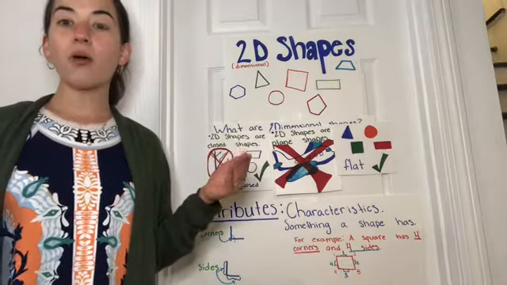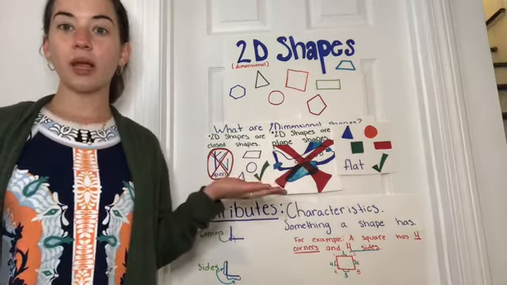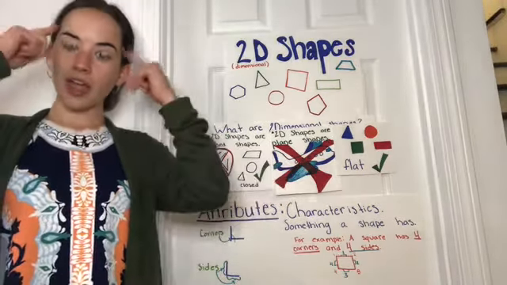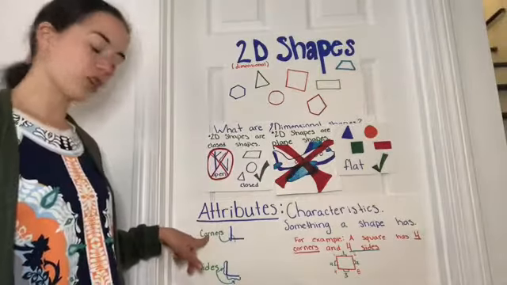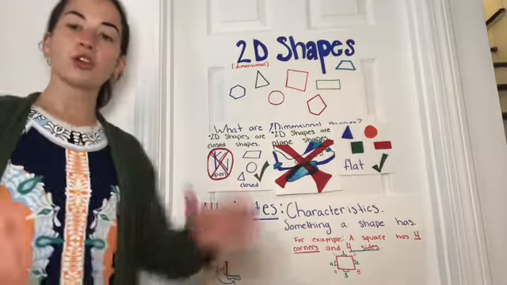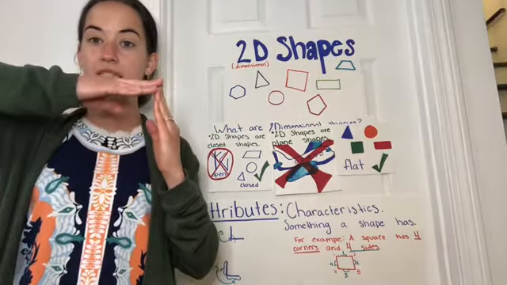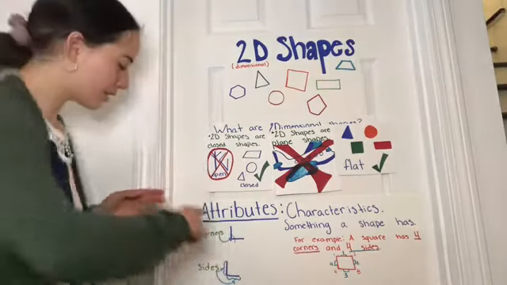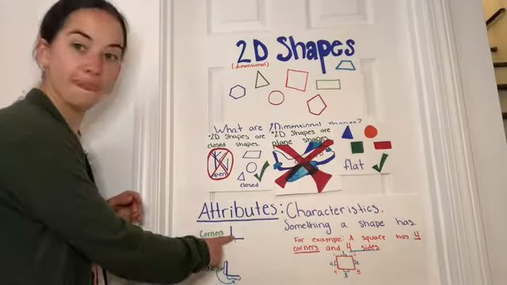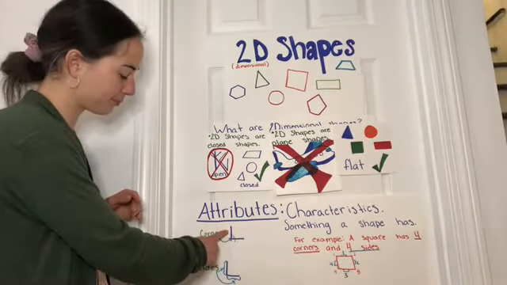When we think about the attributes of a shape, it's helpful to think about the corners and sides. The corners are when we have at least 2 sides touching. 2 sides touching creates a corner.